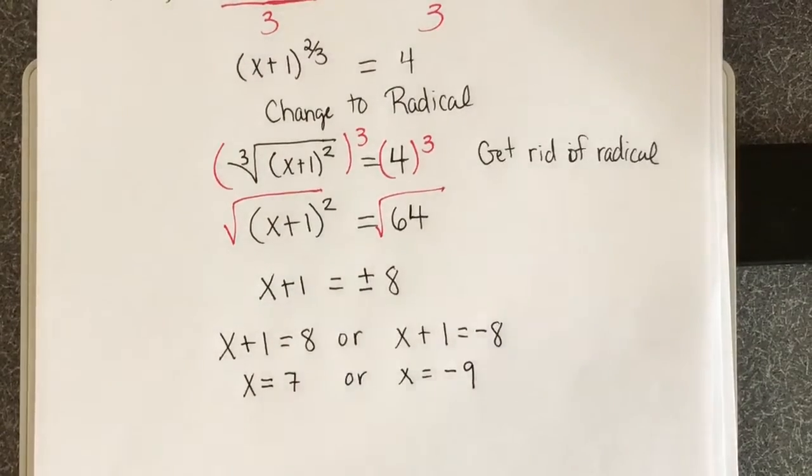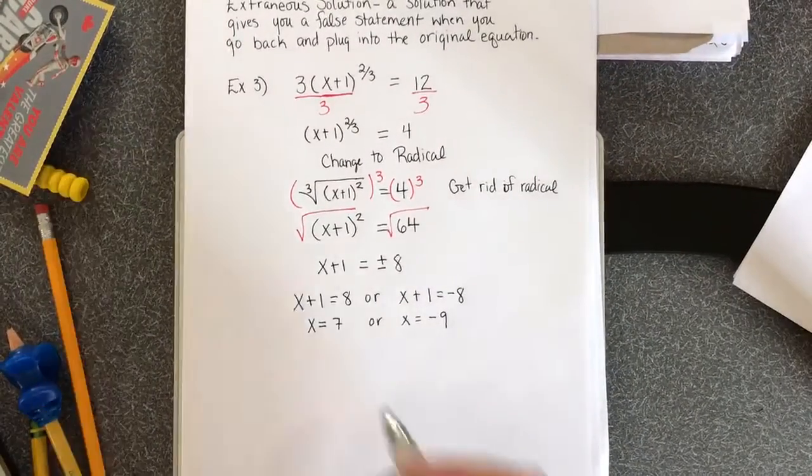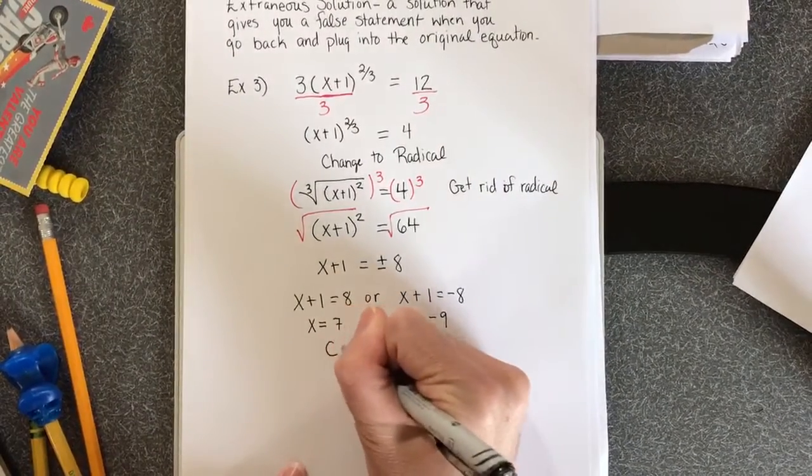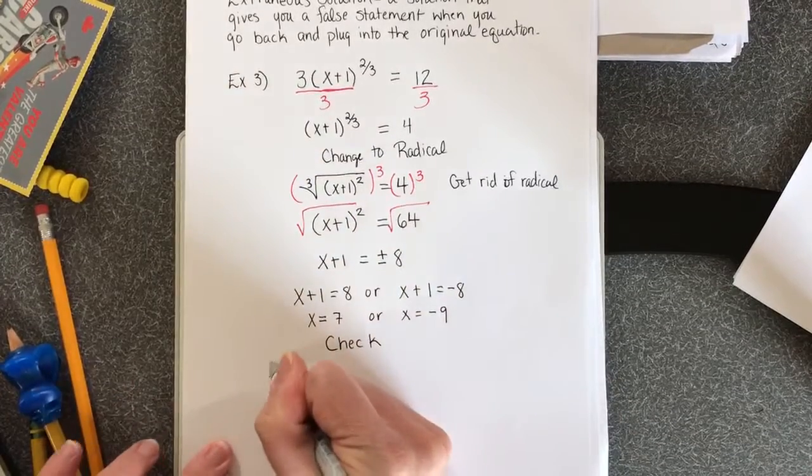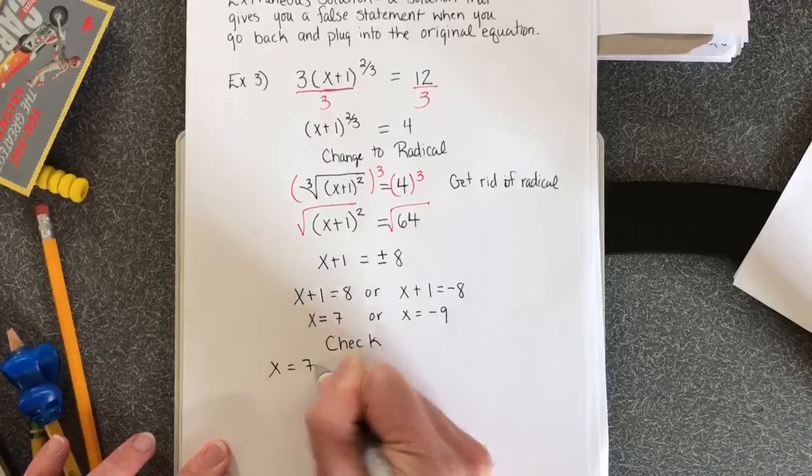Now, like we saw earlier, I have to check both solutions. I've got to make sure that both of these work, or one of these works, or maybe none of them could work. So I gotta check. The first one I'm gonna check is x is equal to 7.